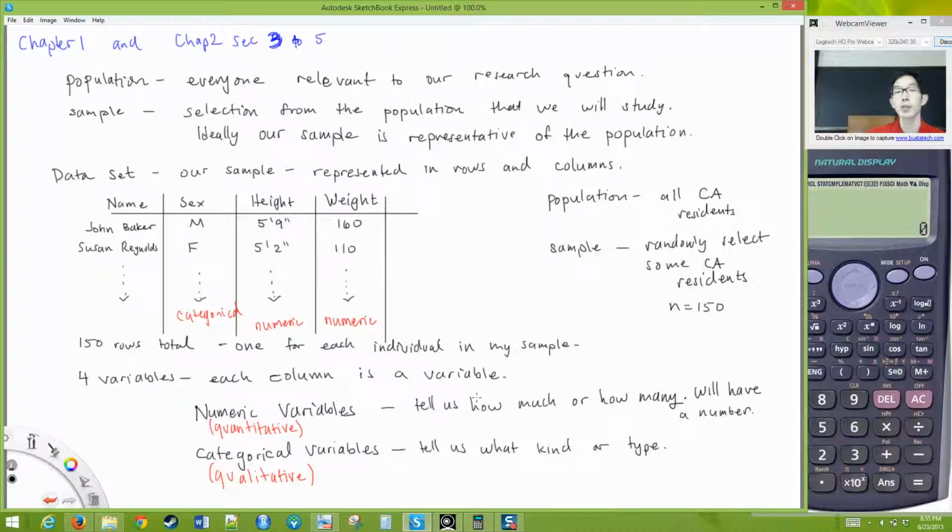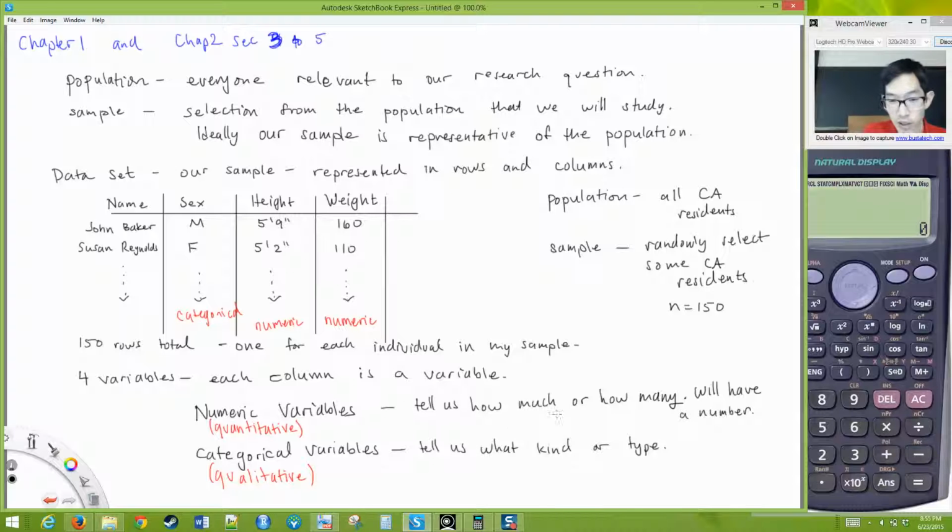Okay. What if we asked, your sex, your height, your weight? Let's say we asked, what is the area code that you live in? What is your area code? So this guy says, I live in 310, and this person says, I live in 212, or whatever, okay? Area code is numeric or categorical? Okay.